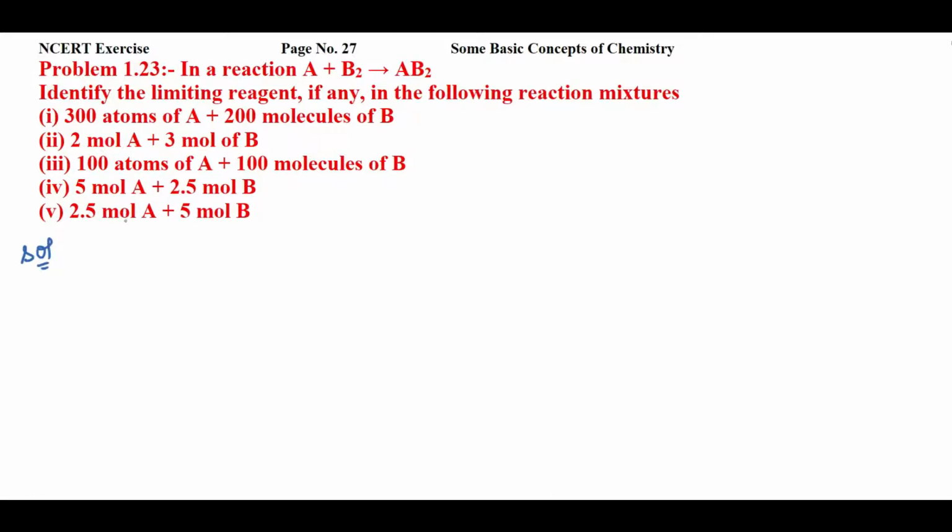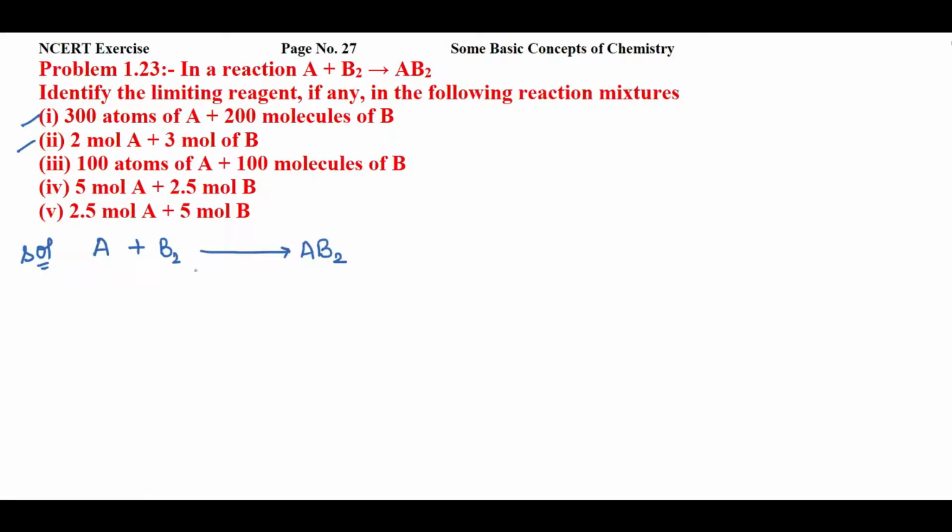If you'll see the problems, the questions are in the form of atoms, molecules, as well as mole, right? So first of all, we'll see the reaction and convert this reaction according to the atoms or moles, right? So A plus B2 give rise to AB2, right?